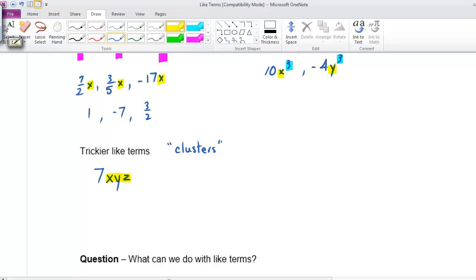And if I wanted to give you an example of a like term to that, well, what I would have to have is the same cluster, the same base. So for example, negative 17xyz.